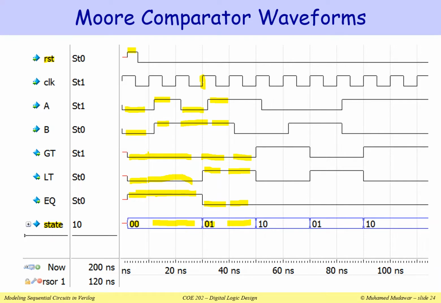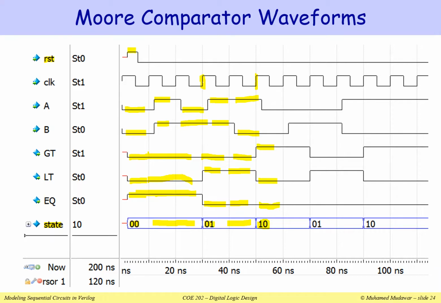Now notice that after that, A is going to remain 1 and B is going to drop to 0. So just before this rising edge of the clock, A is equal to 1, B is equal to 0. Therefore the state is going to change to 1, 0, indicating that A is greater than B. So the greater than output is going to jump to 1, less than is going to become 0, and equal is 0.